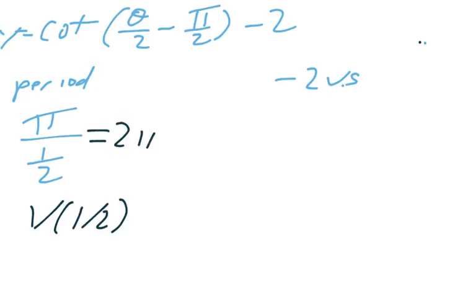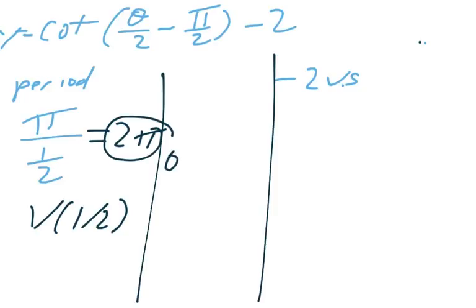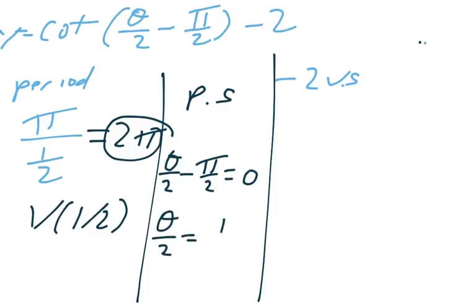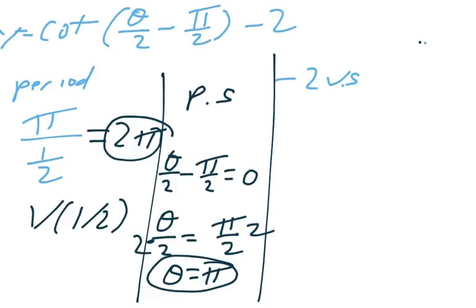And that's going to tell me that the answer is 2, which is 2 pi. Theta over 2 minus pi over 2 is equal to 0 for the phase shift. Add the pi over 2 to the other side. Multiply both sides by 2. And theta equals pi. And that's my phase shift.